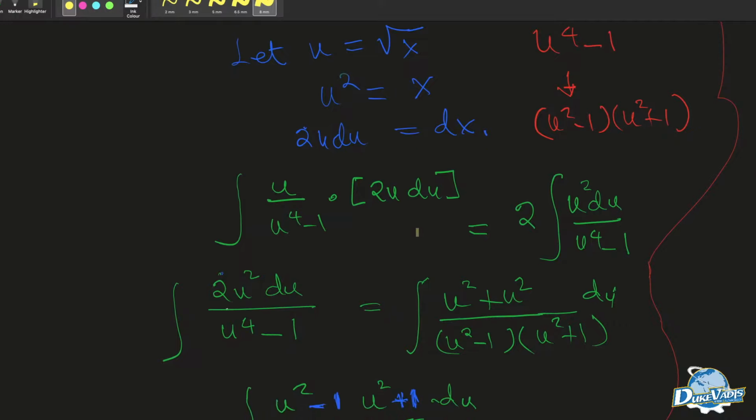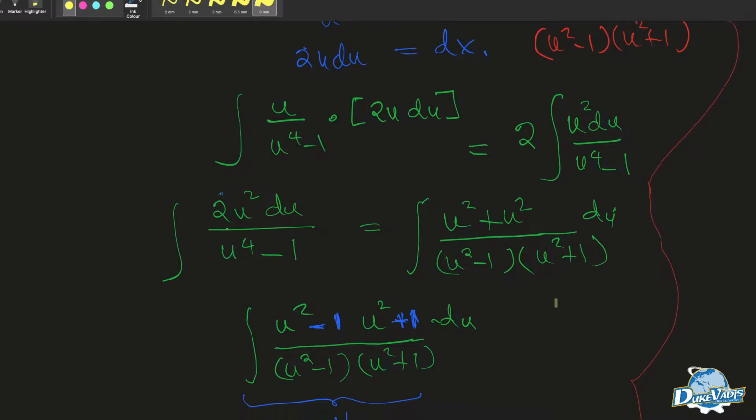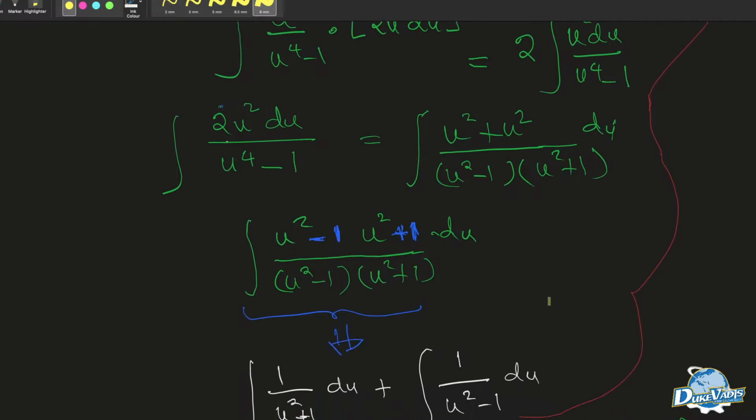And when we did that, we had this expression here, which is u squared plus u squared, all over the fraction u squared minus 1 and u squared plus 1. Now, I made a huge assumption because I want to split the integral into easy steps so that my answer arrives easily and quickly.